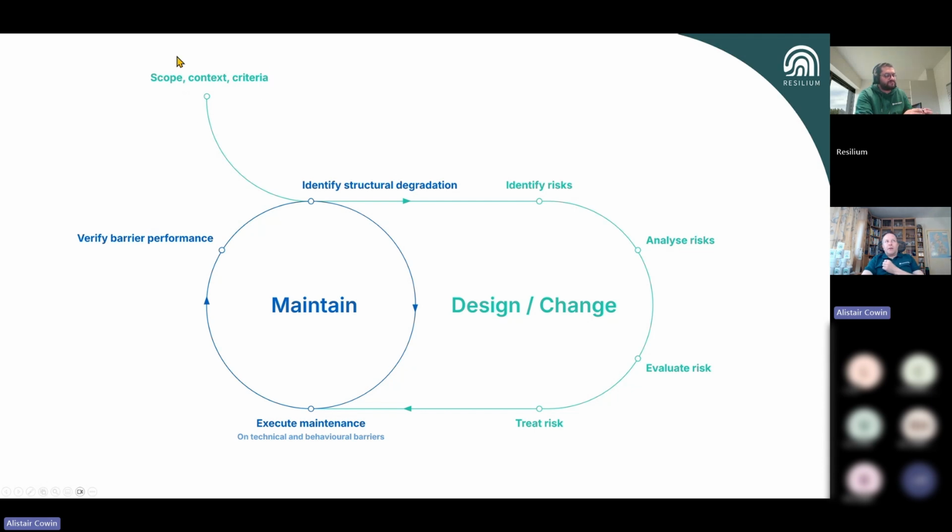So when you're describing your hazard, the scope, the context, the criteria, what's within the control of my system, what's without, is really important. And so it kind of all hinges around this bit here. And then we have to identify risk. Well, barrier thinking doesn't help you identify risk. That's the sort of understanding of your business, your industry, the materials you work with, the processes you carry out.